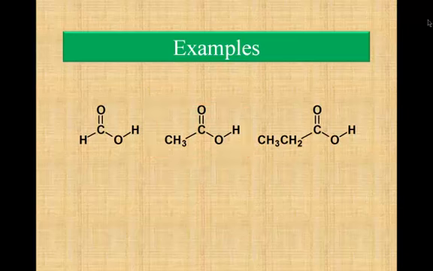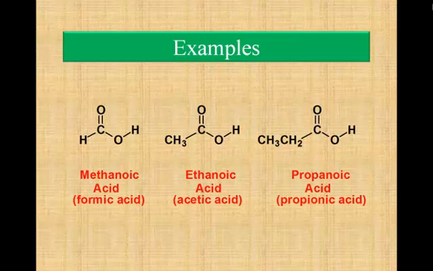Those would be methanoic for formic and ethanoic for acetic. The molecule on the right that has 3 carbons would be propanoic acid. So methanoic acid, ethanoic acid and propanoic acid. Propanoic acid you'll also hear called propionic acid.